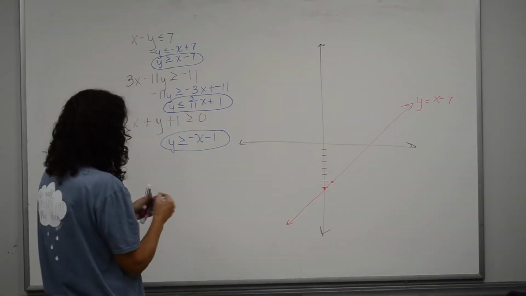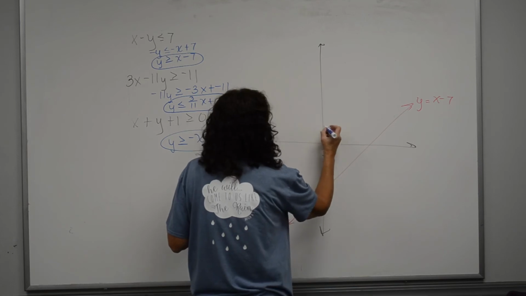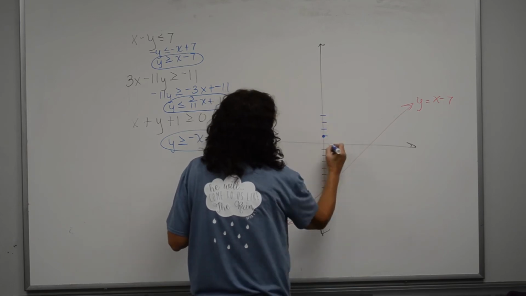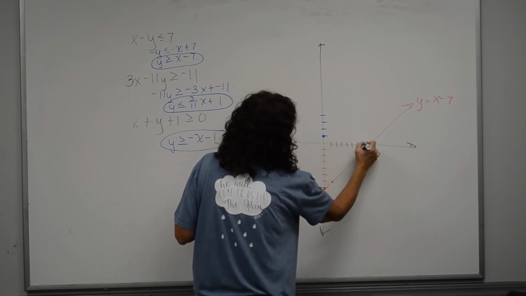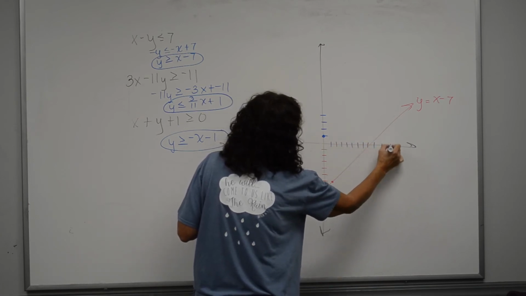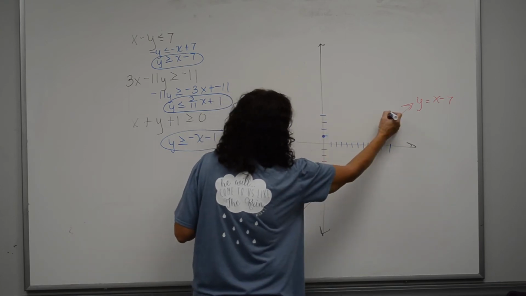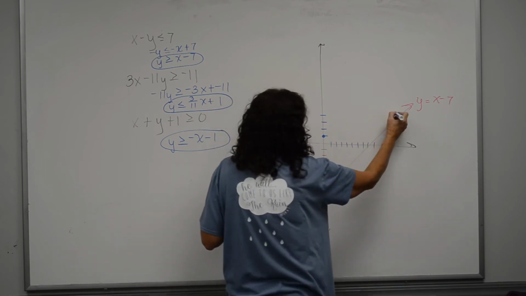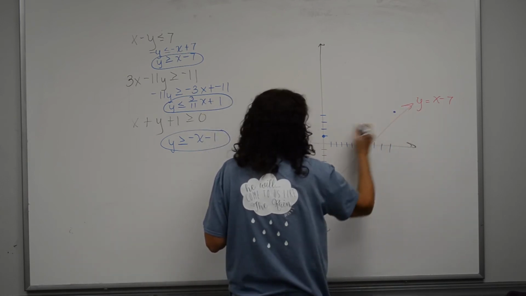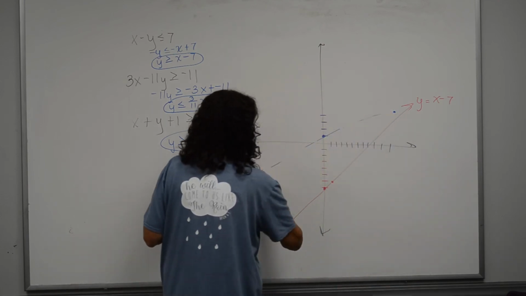Okay, the next one, I'm going to go up to 1, and then I'm going to go up 3, and over to the right 11. So more or less, oh, I didn't go far enough, did I? Okay, these are going to cross over there.